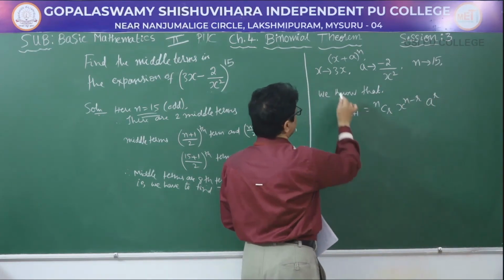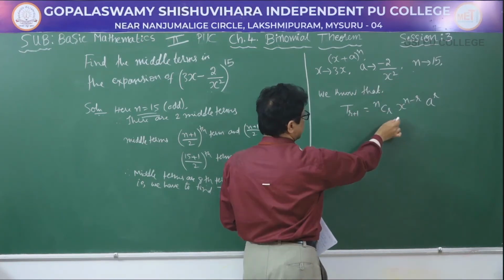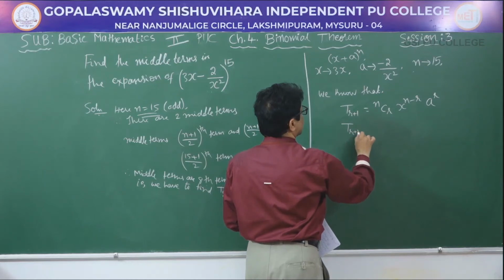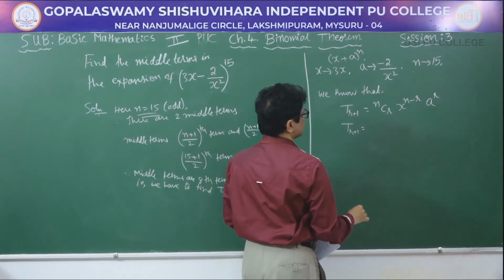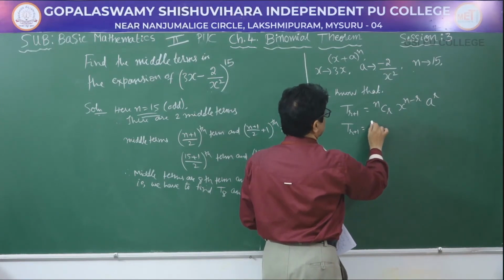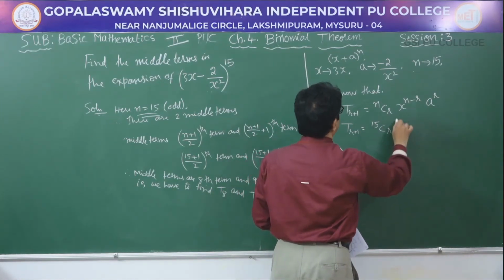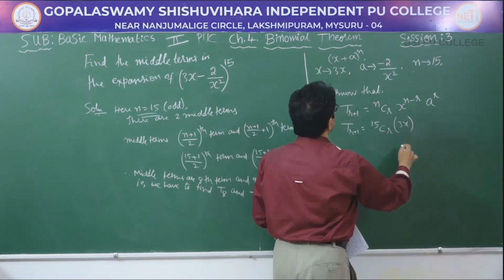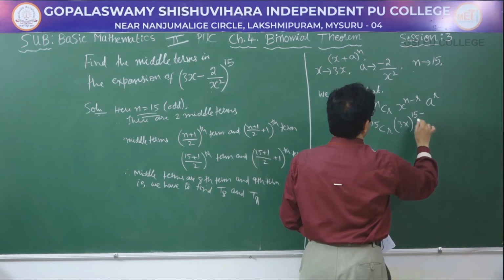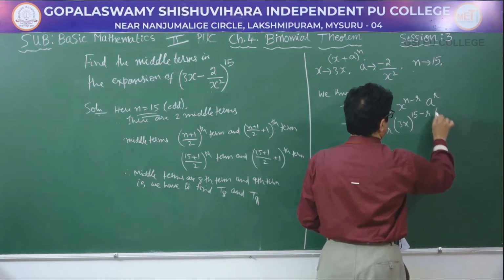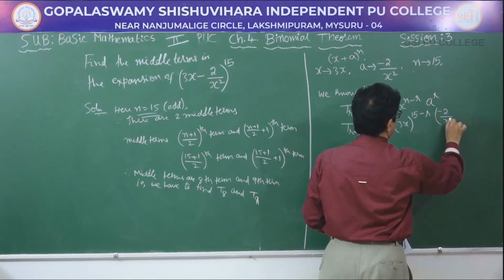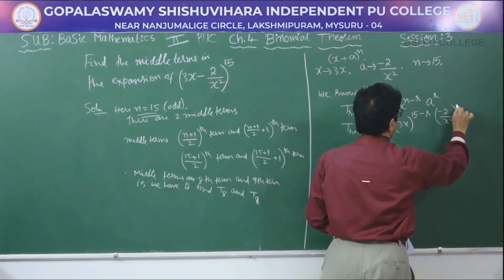So, substituting the values of x, a and n in the general term, T(r plus 1) is equal to 15Cr into (3x) whole power 15 minus r, a power r. So, a is (minus 2 by x square) whole power r.